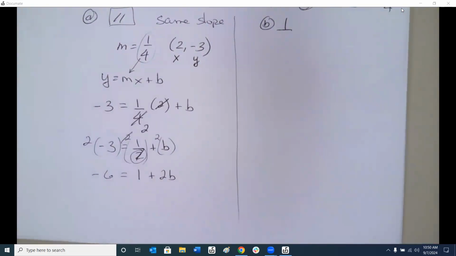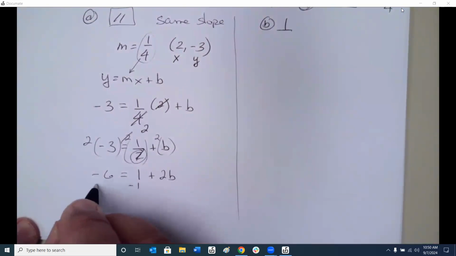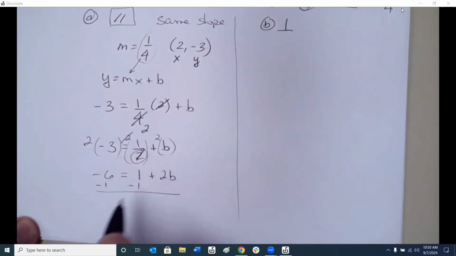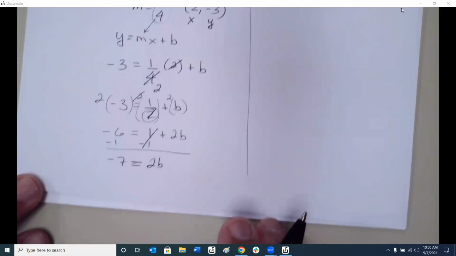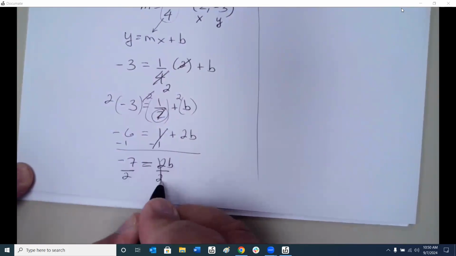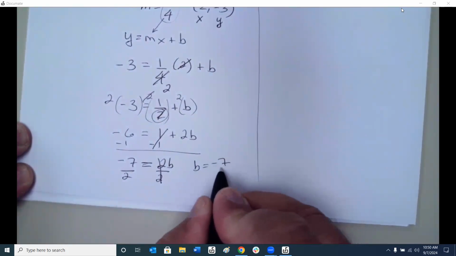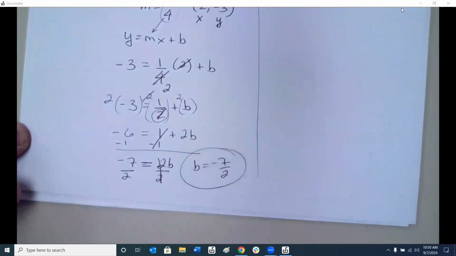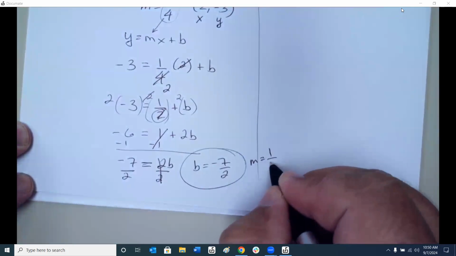If it's going to be a fraction, it'll be at the very end. Subtract 1. So it's negative 7 equals 2b. Divide by 2. So b is equal to -7/2. And m is 1/4.